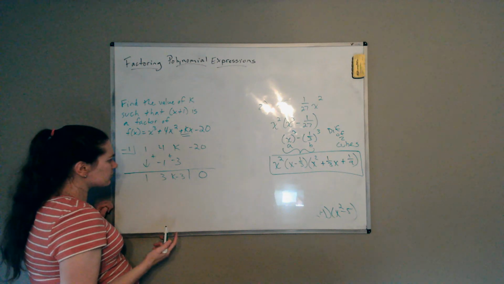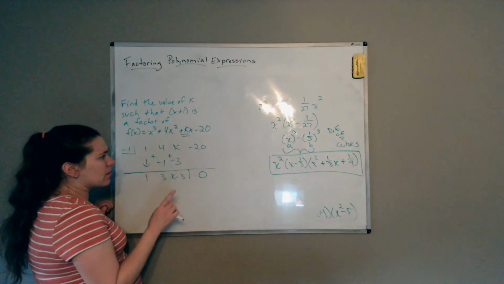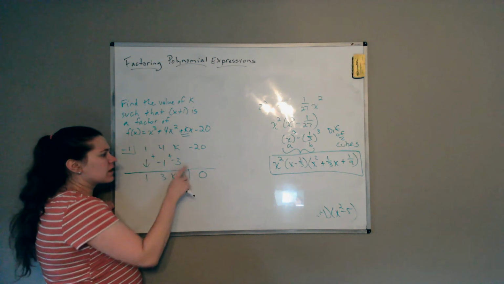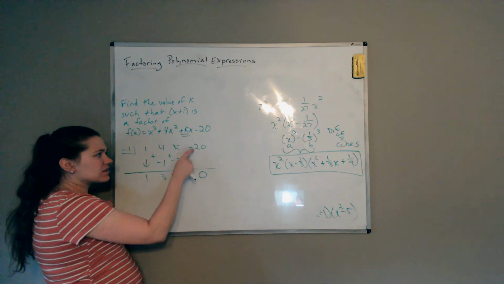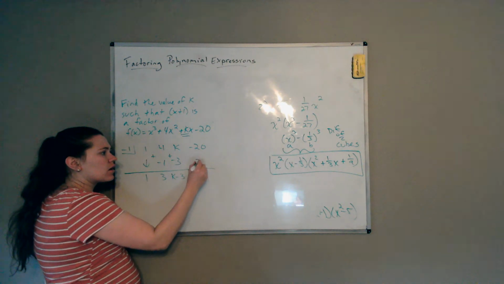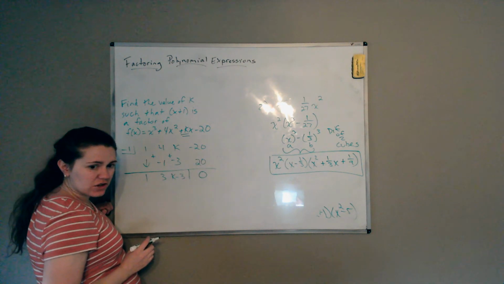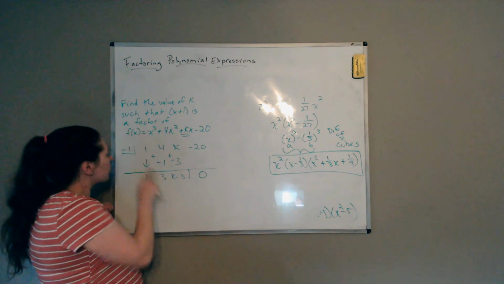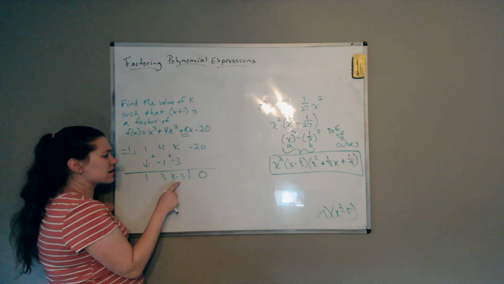Now, think about this. We could do this two ways. If this is 0 and this is negative 20, you know what needs to go right here. 20 needs to go right there. Or negative 1 times k minus 3.